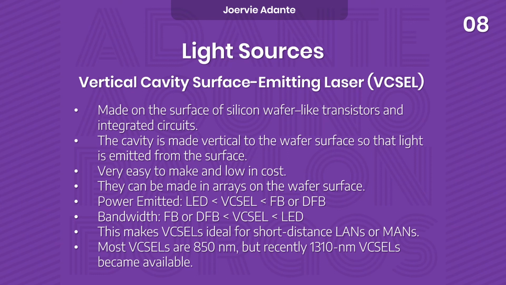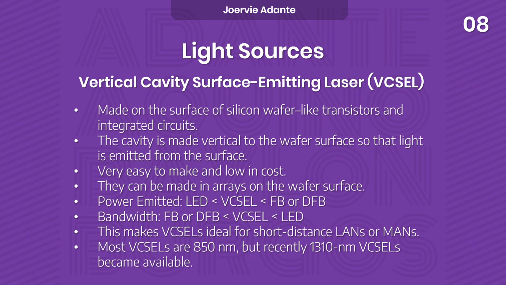VCSELs are very easy to make and low cost. They can be made in arrays on the wafer surface. The output power emitted by the VCSEL is greater than that of the LED but less than that of the FP and the DFB laser.